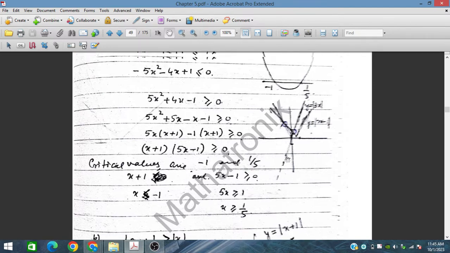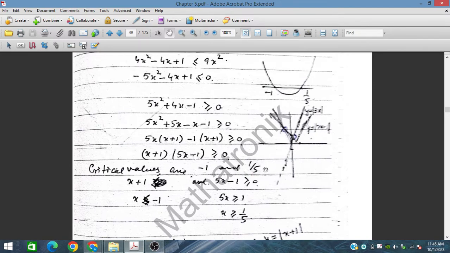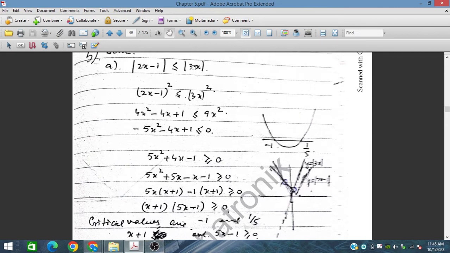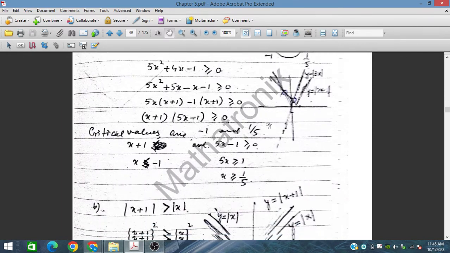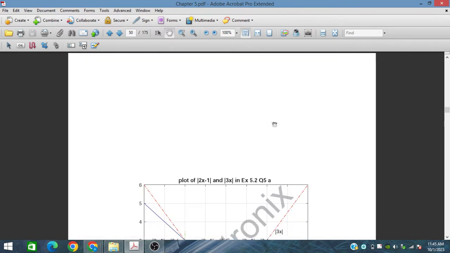So when we draw this graph, we have this graph of 3x, and this is 2x minus 1 in this one. We see this in the diagram here in this part.